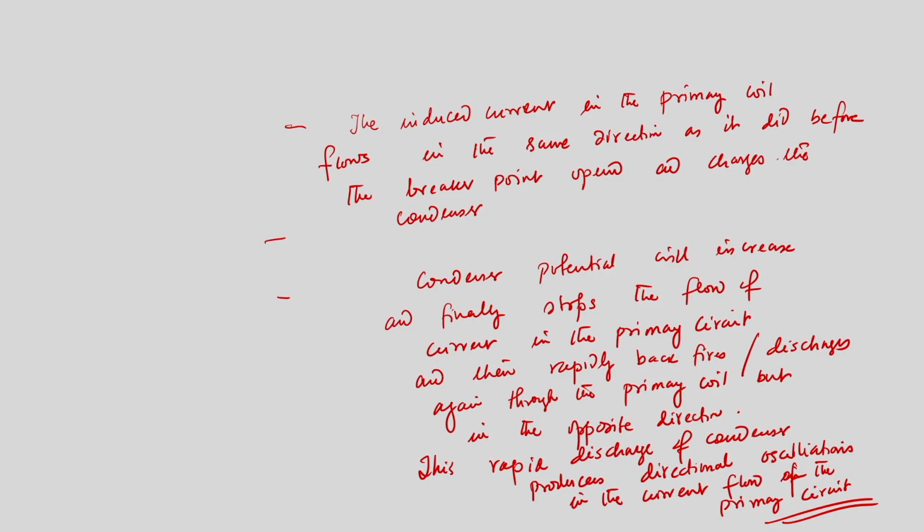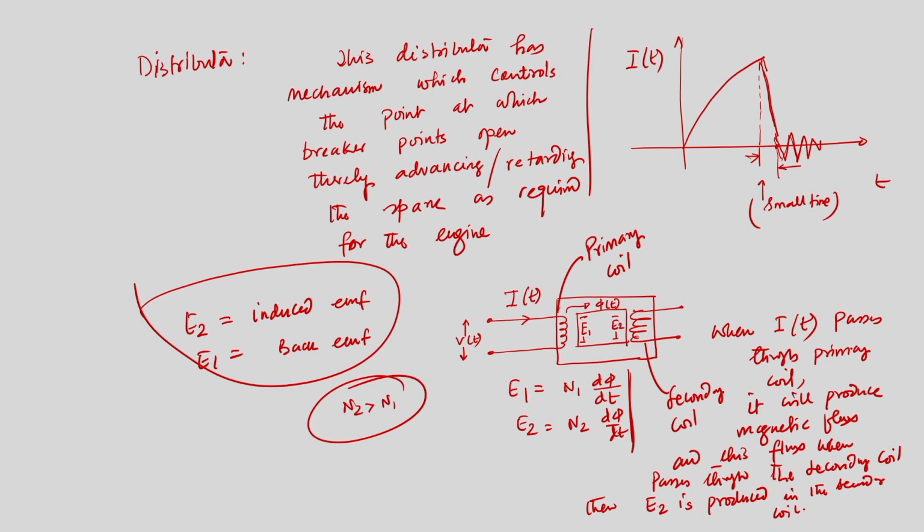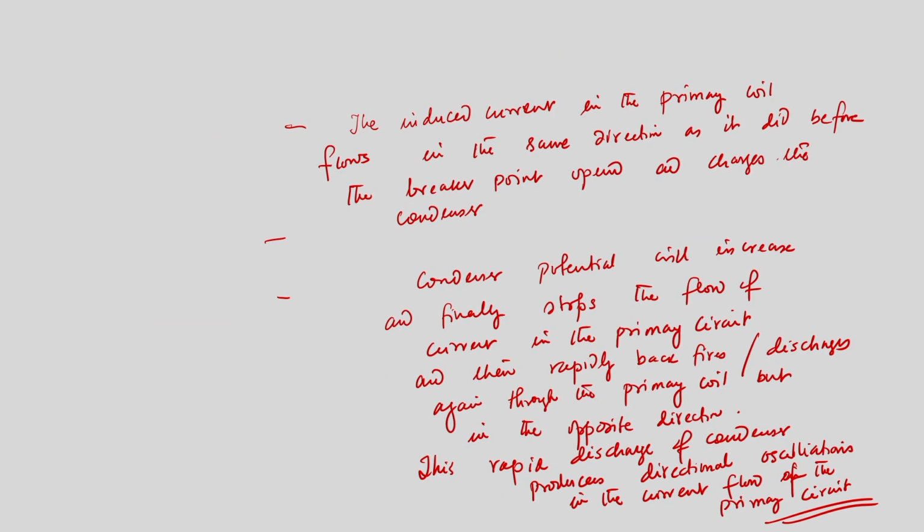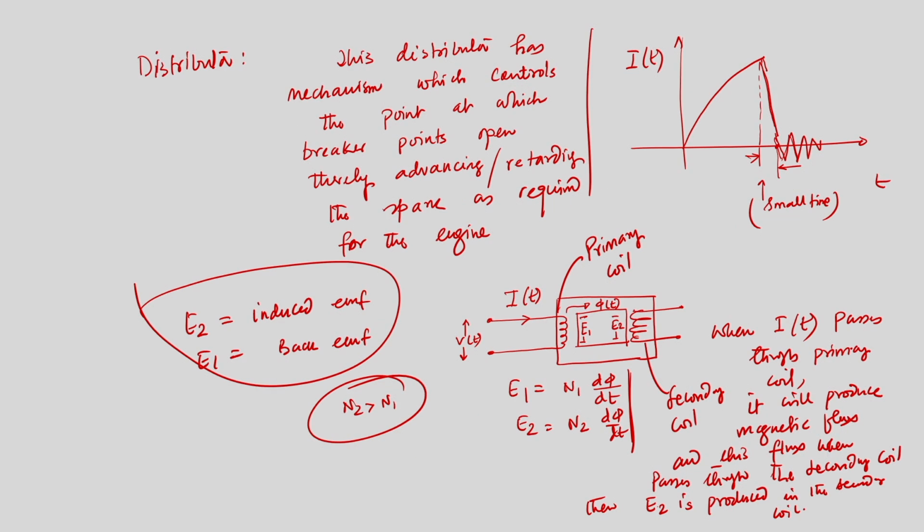The rapid discharge of the condenser produces directional oscillation. It will again receive and discharge, leading to directional oscillation in the current flow of the primary circuit, and that is represented by this diagram.